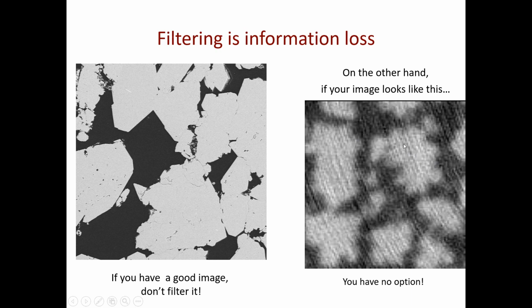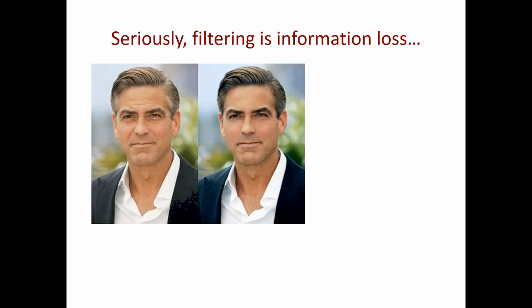In this case, I want to smooth out so I can process later. So I want to lose this small information because it's essentially noise. Small distinguishing characteristics here are not noise. They're actually real. There's a mini fracture through this grain. Okay. So you have to decide what it is that you want to lose. That decides whether you want to filter or not.